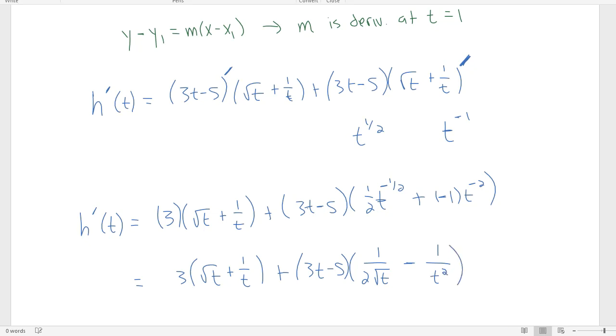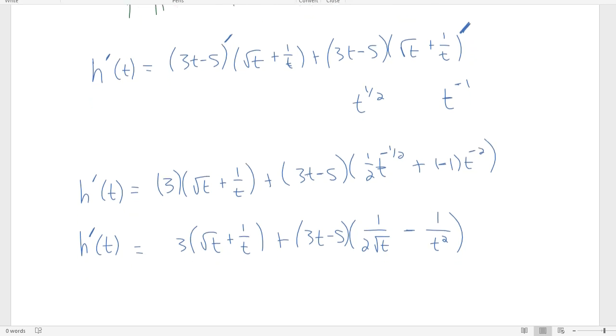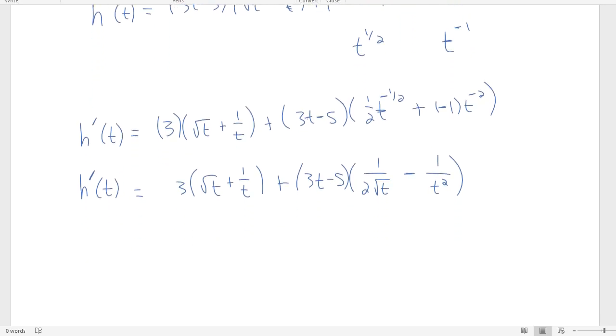So here's my derivative. I'm not going to go crazy simplifying this algebraically because I'm about to plug in t equals 1. I want the equation of the tangent line at t equals 1. So I'm going to plug t equals 1 into my derivative. The slope of my line is the derivative evaluated at t equals 1.